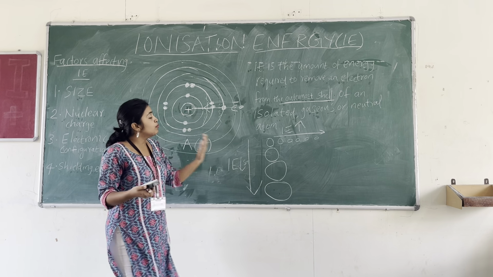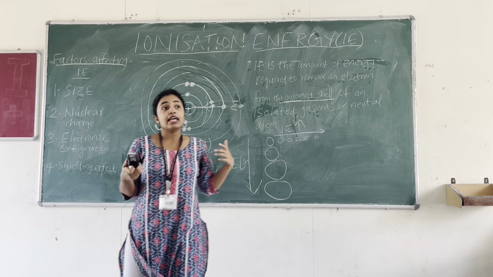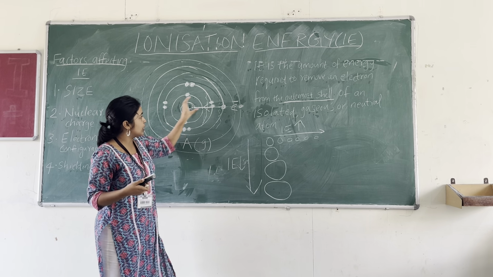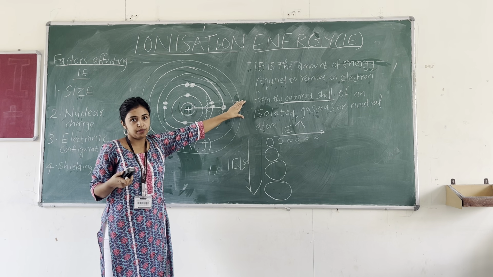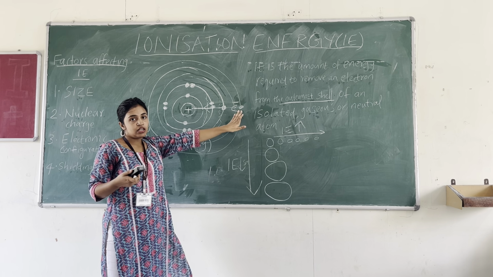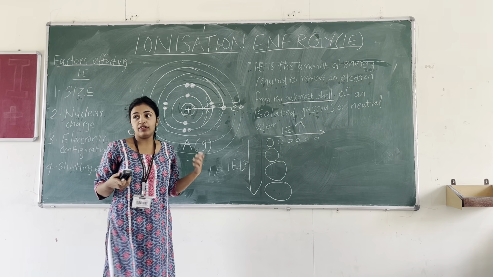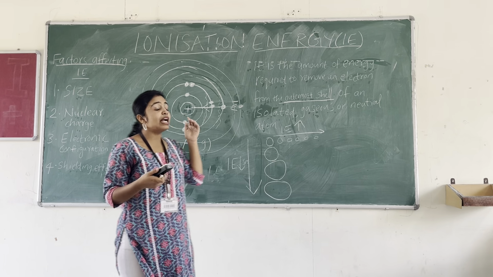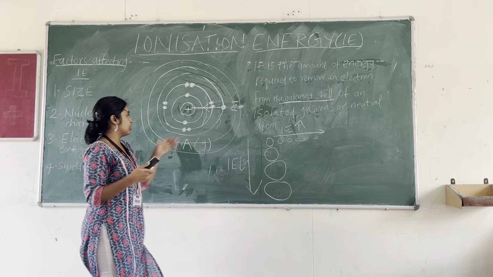So this nucleus can attract this electron more powerfully. That means attraction between the nucleus and these electrons is higher. If the attraction is higher, ionization energy is also higher. We need more ionization energy to break the, not bond, break the attraction between the nucleus and electrons.